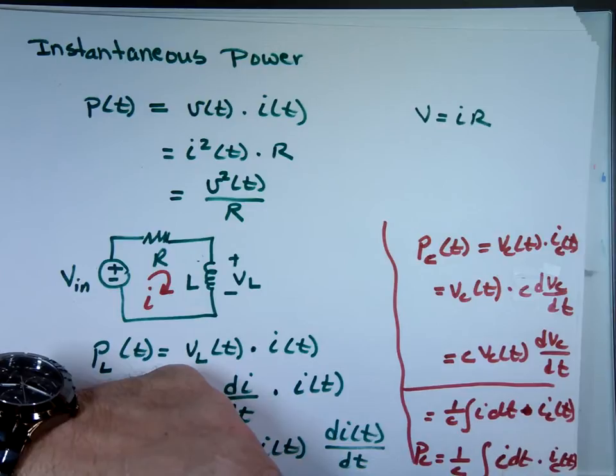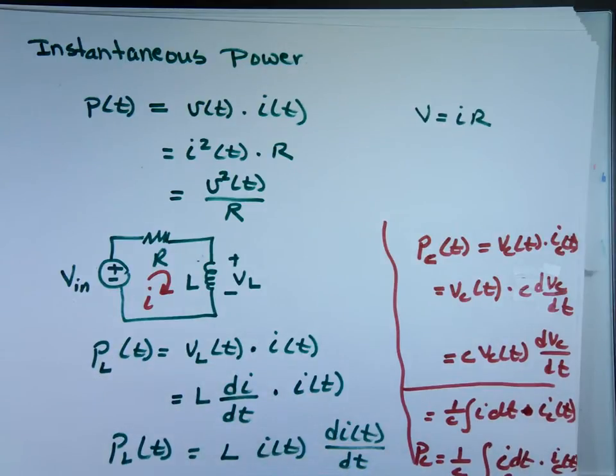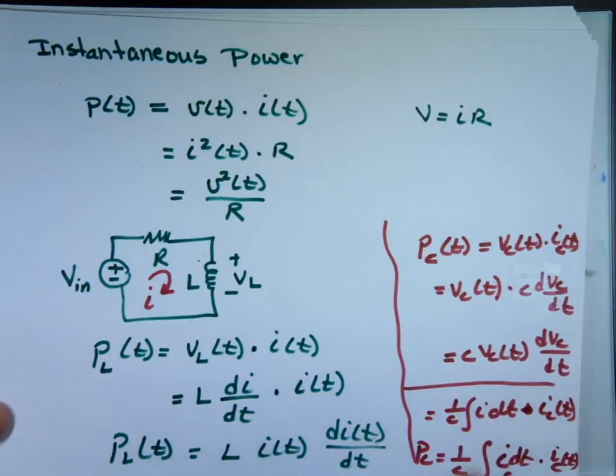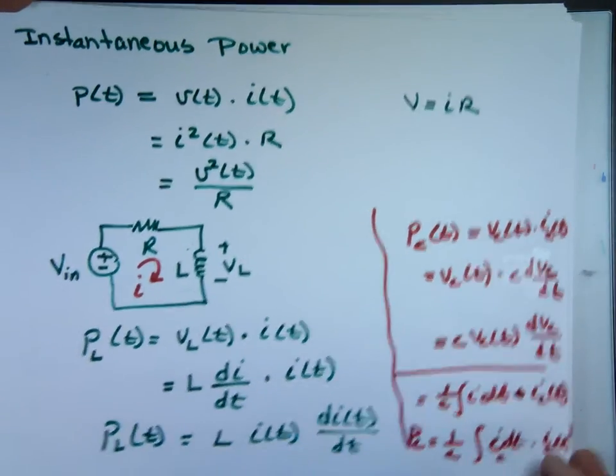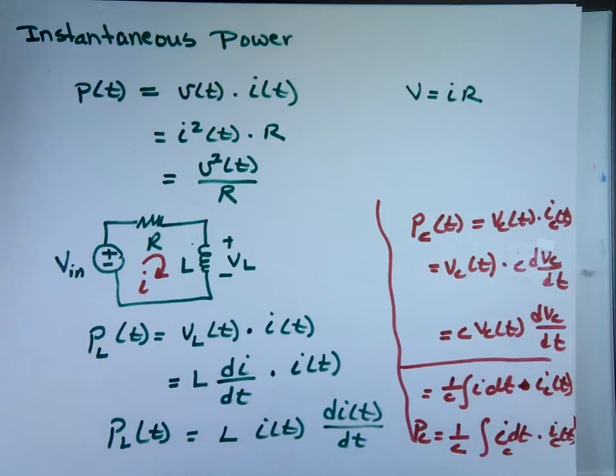That's I here. My handwriting's horrible. So you can do it either way. You can write in terms of voltage, in terms of current. I did in terms of the voltage here, in terms of the current. And I can do the same thing with this.